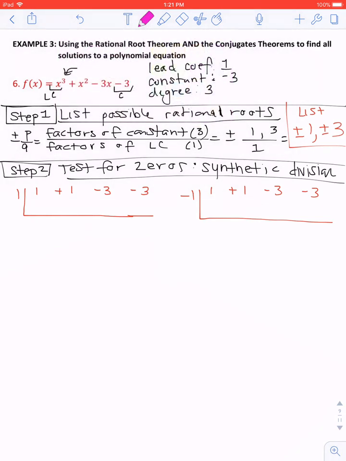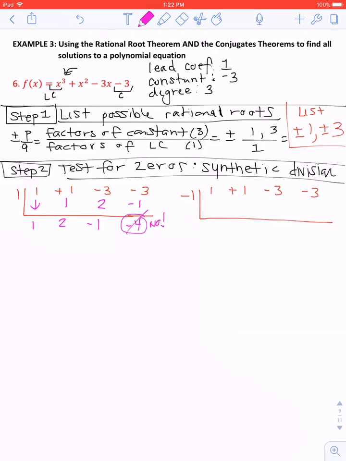I'm going to use the synthetic process to see if I can find a 0. Synthetic division, you bring down your first term and then multiply and combine. So 1 times 1 is 1, combined together is 2. 1 times 2 is 2, combined with -3 is -1. 1 times -1 is -1. Combine those together, I get -4. Is that a 0? No.